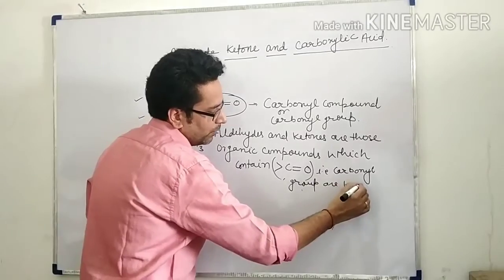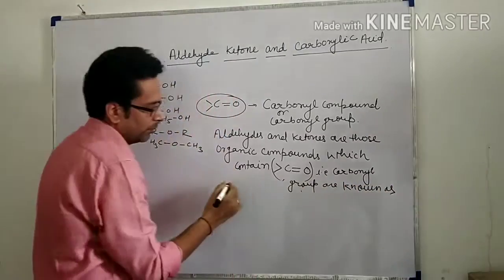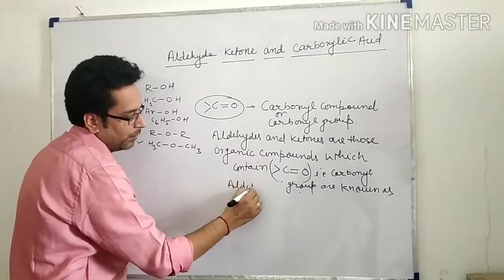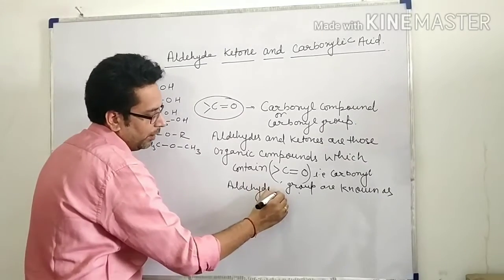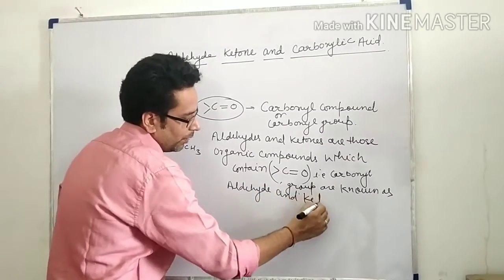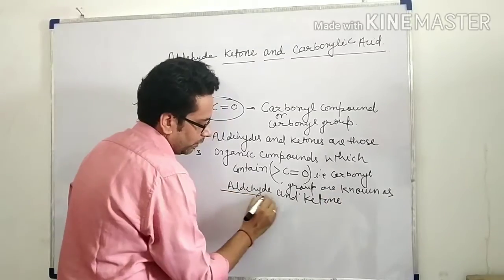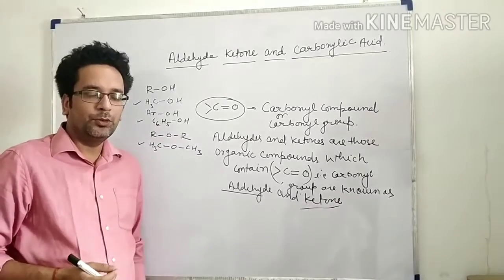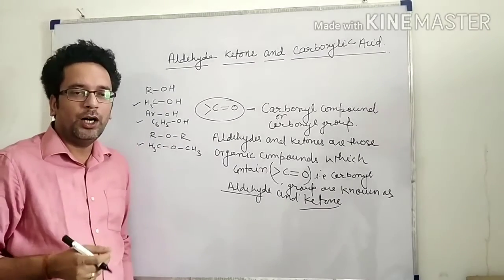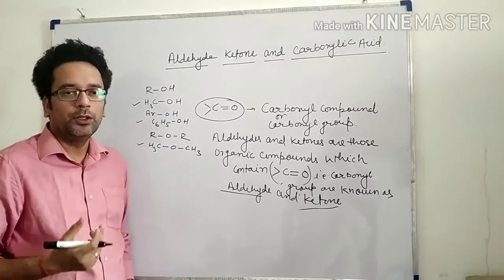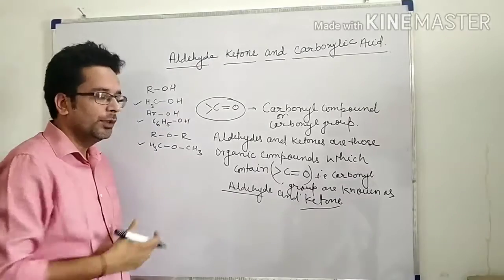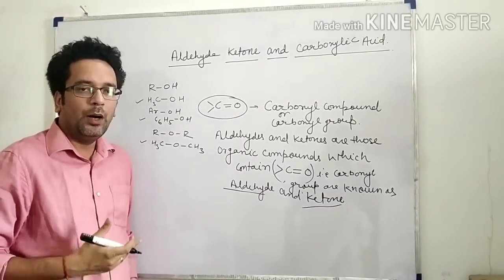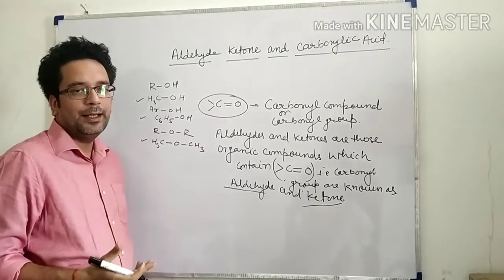Simply, aldehydes and ketones are those organic compounds which contain a carbonyl group. Now if both aldehyde and ketone contain a carbonyl group, then how can we differentiate between aldehyde and ketone?